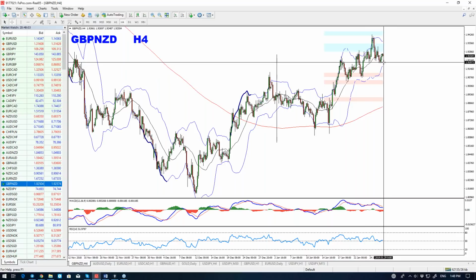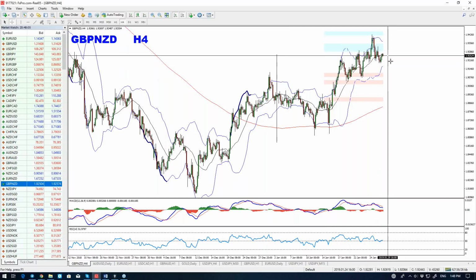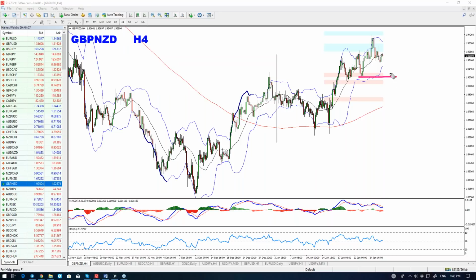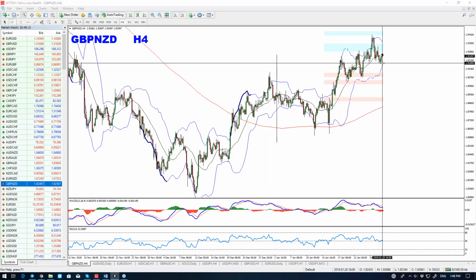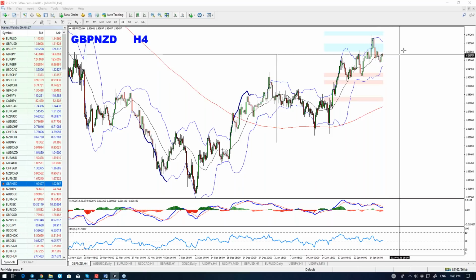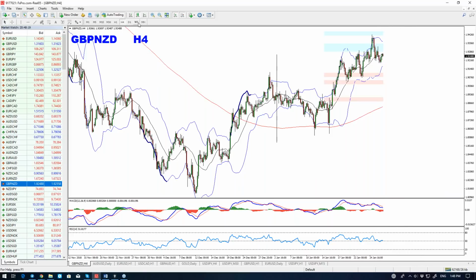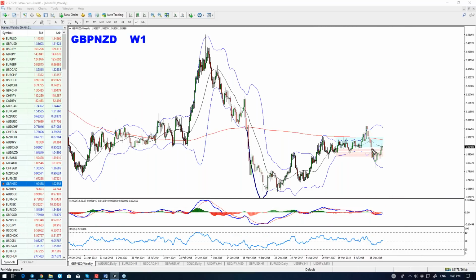We have to break this low, right? Or, of course, if we break this low, then it will make us convergence. But you can see we're not there yet. So by breaking this low, Pound Kiwi will validate sell the rallies short term. And for the long term, we're still after that.